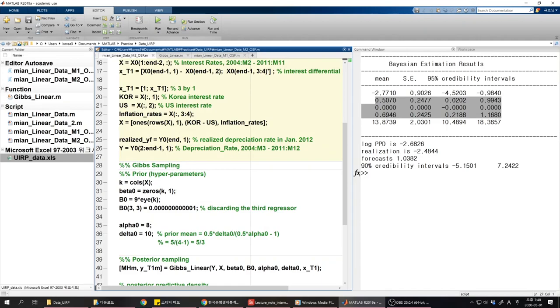But this is very common. Just think of inflation as the dependent variable. What kind of predictors, what kind of regressors can you think of or consider? All macroeconomic variables, right? Is there any macroeconomic variable that does not affect inflation rates? It's really hard to find.